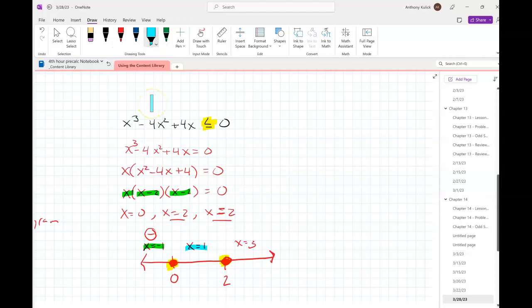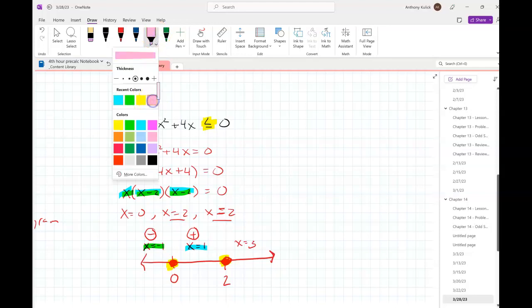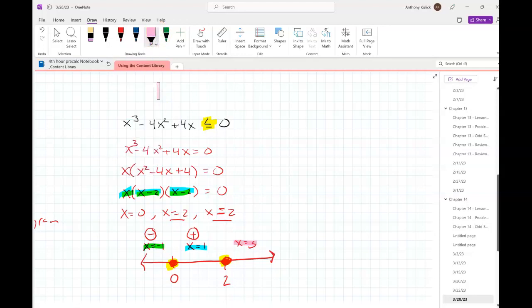If I plug +1 in, I get positive, negative, negative. 2 negatives is positive. And if I plug 3 in, I get positive times positive times positive. That's positive.